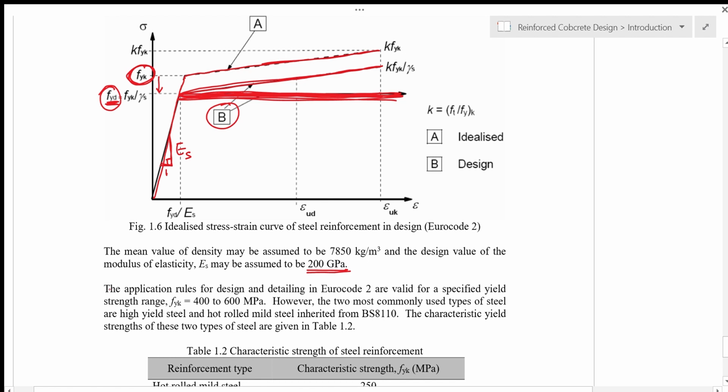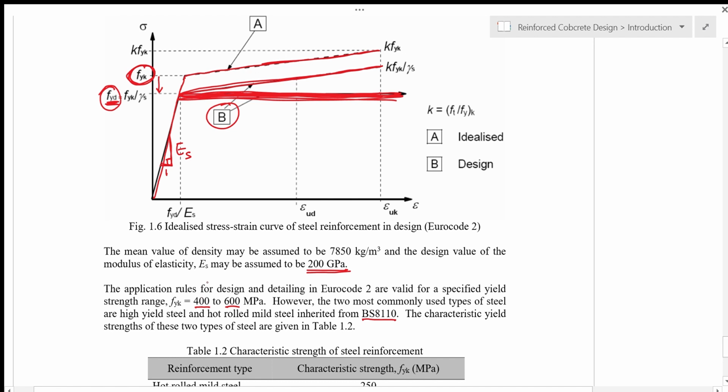So the application rules for design and detailing in Eurocode 2 are valid for a specific yield strength range, which is from 400 to 600 megapascal. However, the two most commonly used types of steel are high yield steel and hot rolled mild steel inherited from BS 8110.